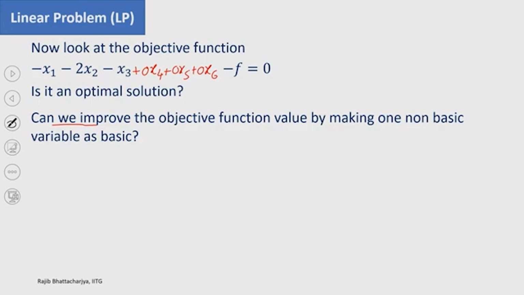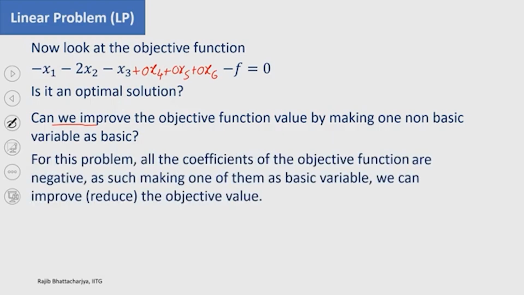Yes, because the coefficients of x1, x2 and x3 are all negative. So, for this problem, all the coefficients of the objective function are negative. As such, by making one of them a basic variable, we can improve the solution; because it is a minimization problem, we can reduce the value of the objective function.